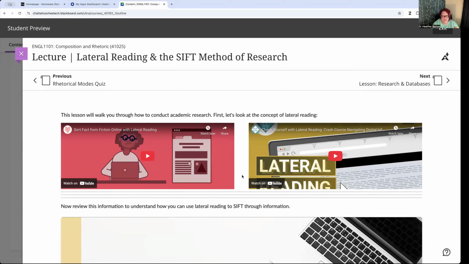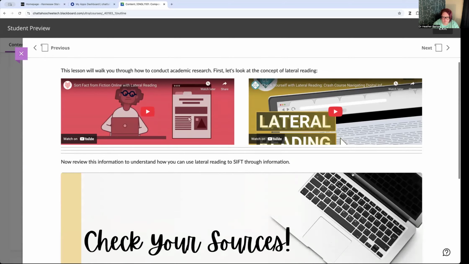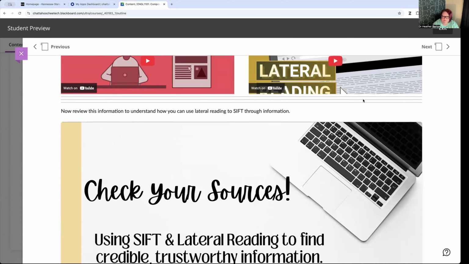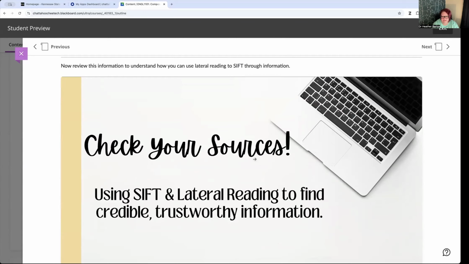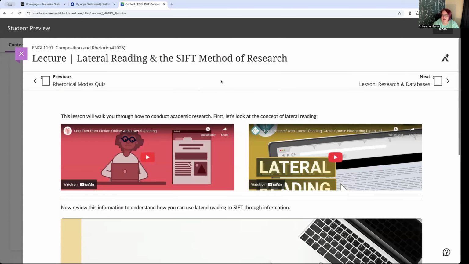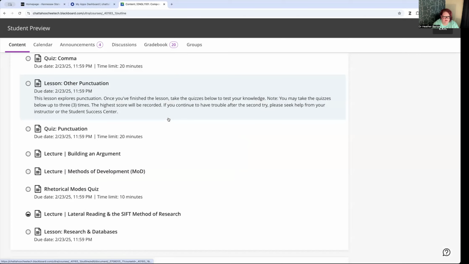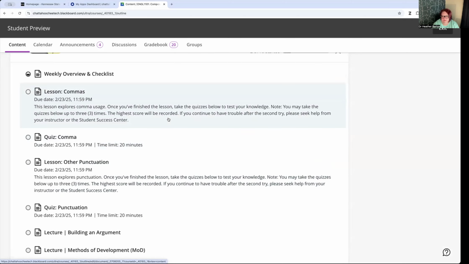And how do you determine if that is an authentic source and if it is a source that has a limited amount of bias for your purposes? So the first one's going to explain what lateral reading is. The second one is going to take you through the process of lateral reading. And then I'm going to show you how lateral reading helps you identify credible and trustworthy information using the SIFT method, SIFT.